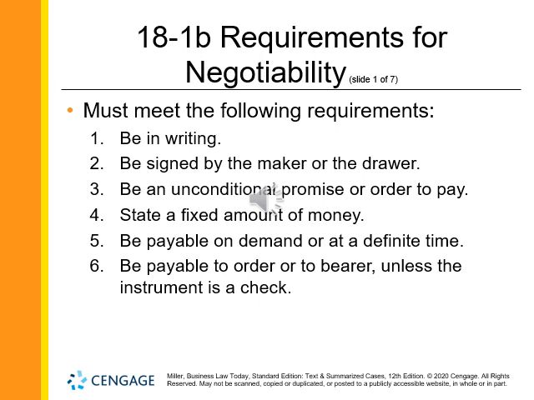One or the other. Demand notes literally can be paid at any time upon the bearer making a demand. It also has to be payable to order of a particular person or to bearer unless the instrument is a check.